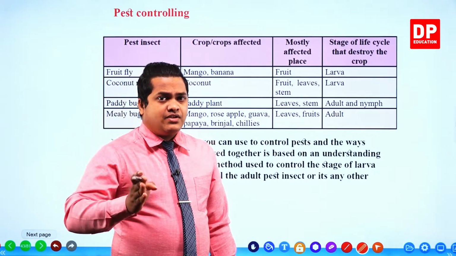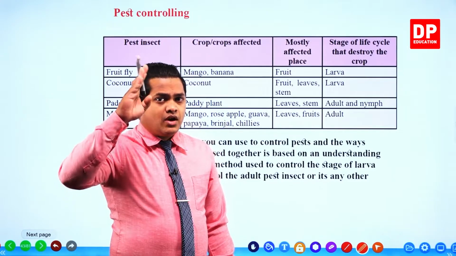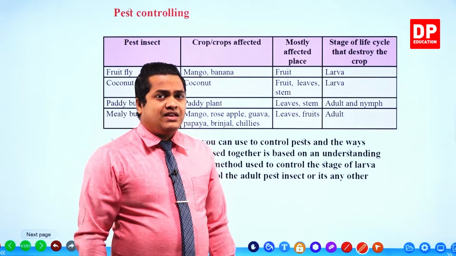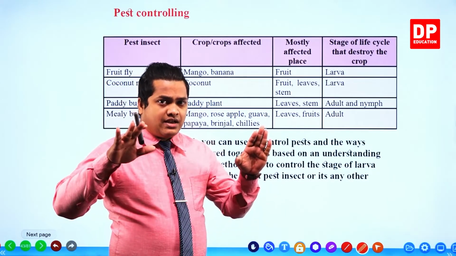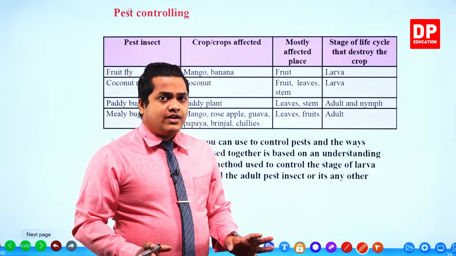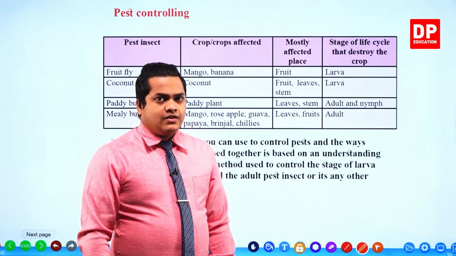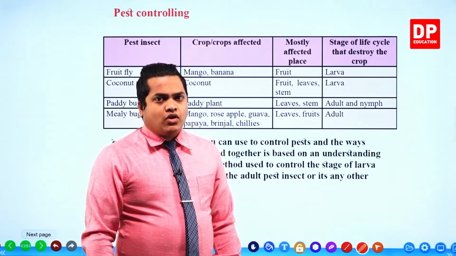The leaves are being eaten up to a certain extent, and in that case the other leaves will dry up and come down. That's because of the coconut red weevil.